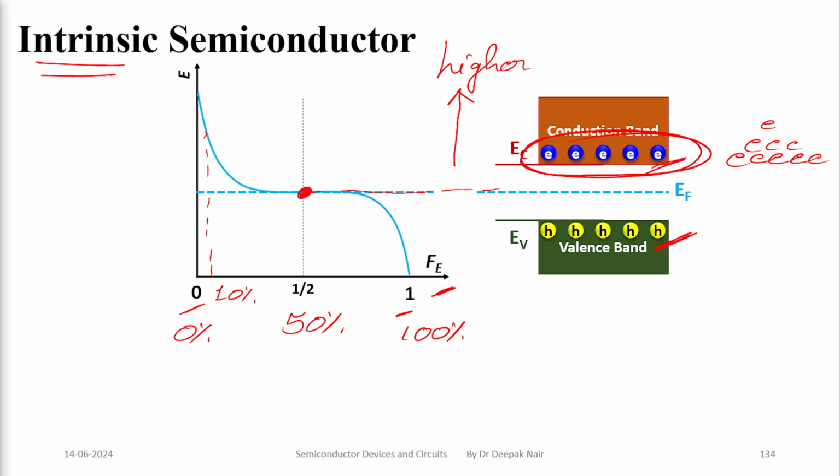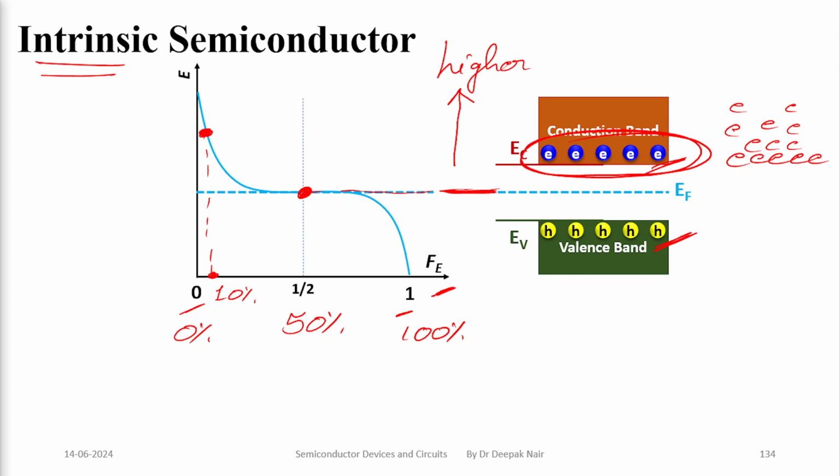So as we keep on moving up, we will find fewer and fewer electrons in the conduction band. The density keeps on decreasing, and the probability of finding an electron with energy higher than the Fermi energy EF becomes lesser and lesser as we move up in the energy band.